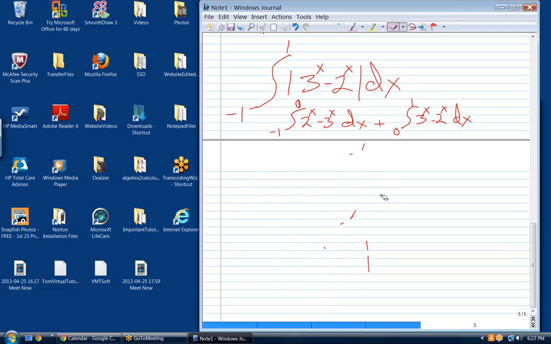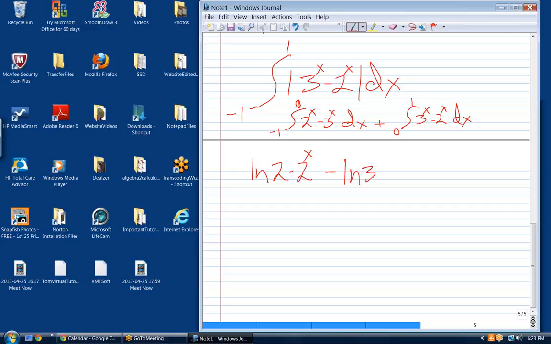Okay, what's the integral of 2 to the x? Or what's the antiderivative of 2 to the x? Is it the natural log of 2 times 2 to the x? Yeah. And 3 to the x?